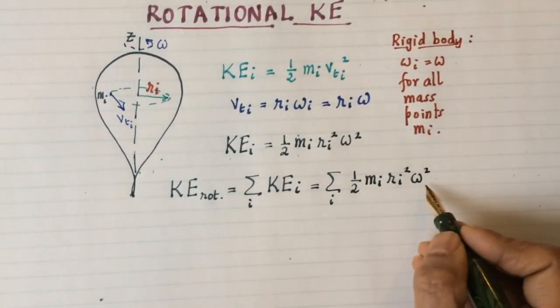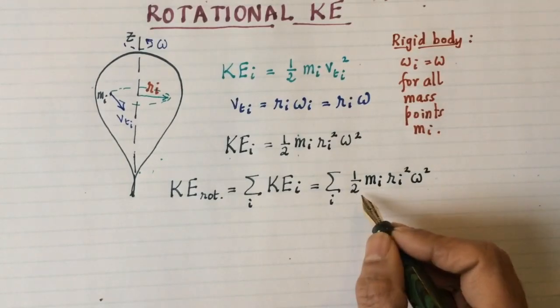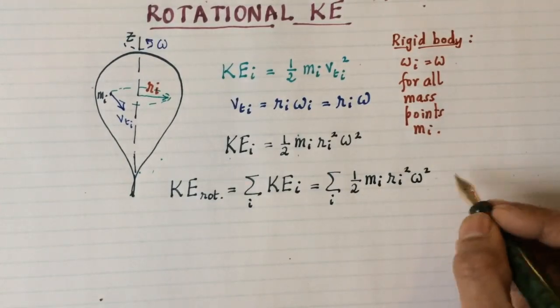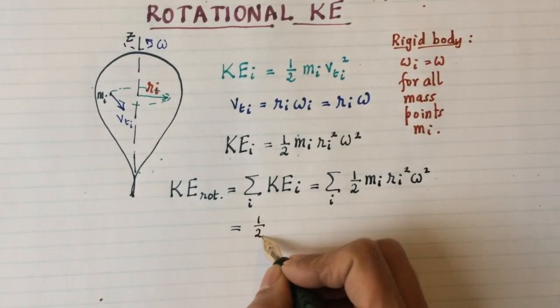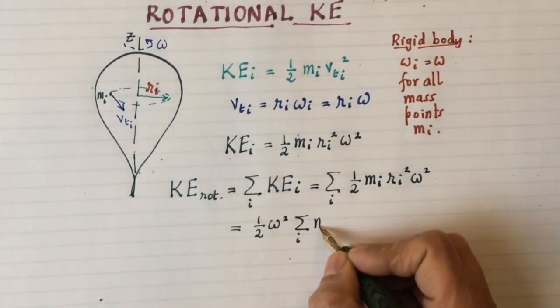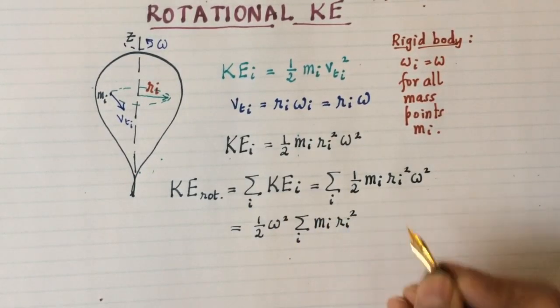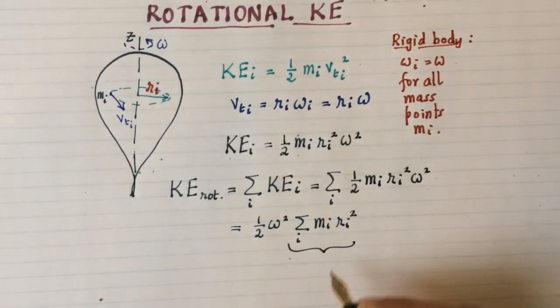Now the 1/2 and the omega squared are really not participating in the summation because they do not have the index i anywhere, so I can actually take them out. So I'm going to get 1/2 omega squared times the sum over all i of m_i r_i squared. Now this is the quantity that needs to be defined.